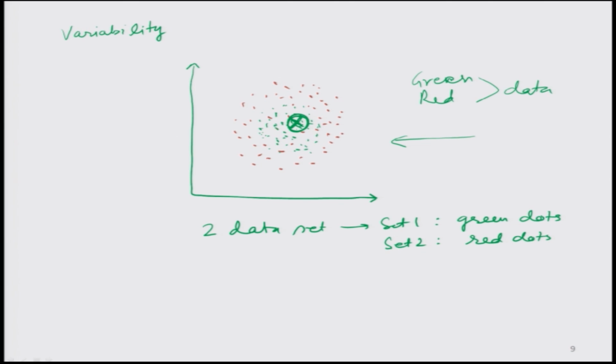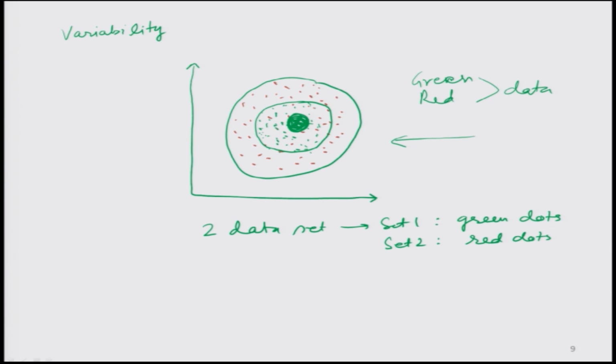But the values denoted by green dots are concentrated only in this area, and the values in the red dots are concentrated in this area. So if you find the mean of both the data sets, possibly they come out to be the same, but the values in the green and red data sets are scattered around the mean, which is here like this, a big green dot, but their scatteredness is different.